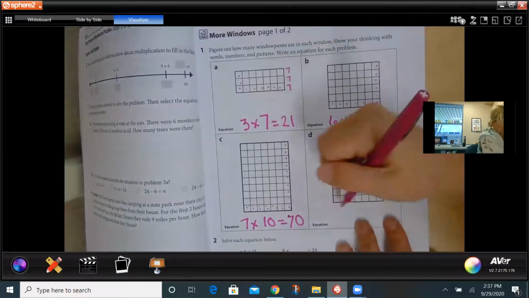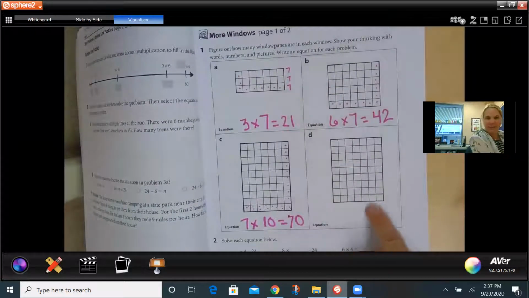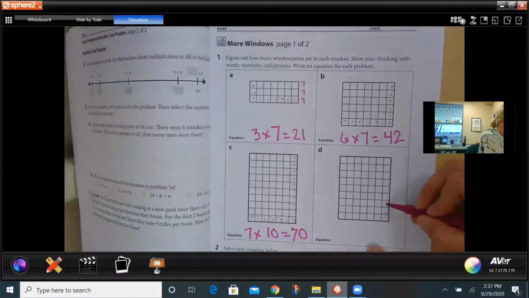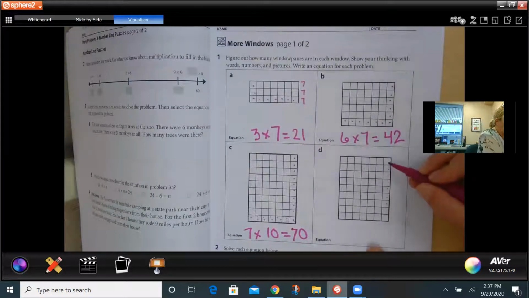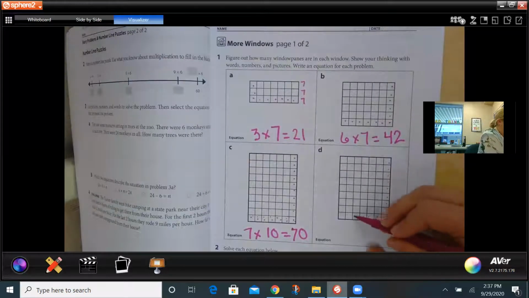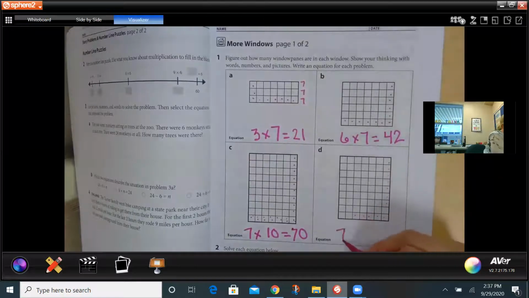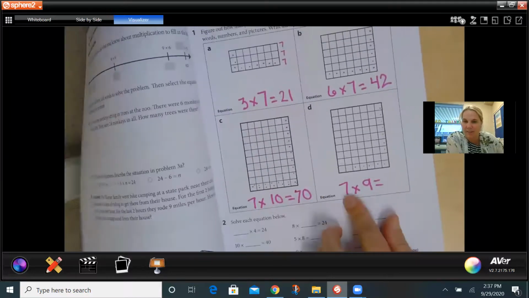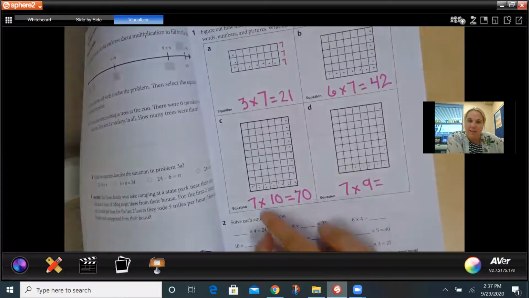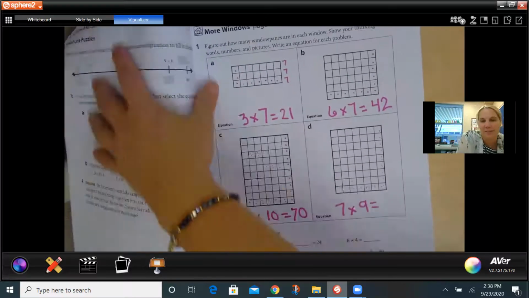Check out D. Here we go. Ooh, it looks like there's just 1 row missing under here. I wonder what we're going to do. 1, 2, 3, 4, 5, 6, 7, 8, 9. 1, 2, 3, 4, 5, 6, 7. Aha. All right, guys. How can we use this one to help us get this one? I should have written 10 times 7. Doesn't matter.